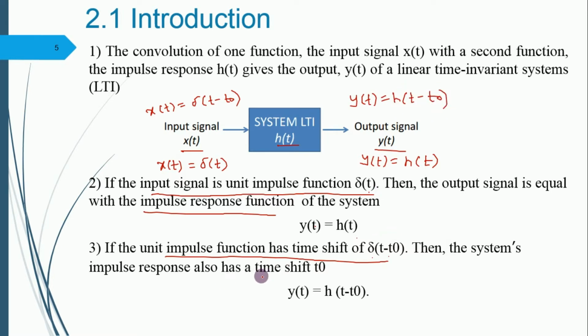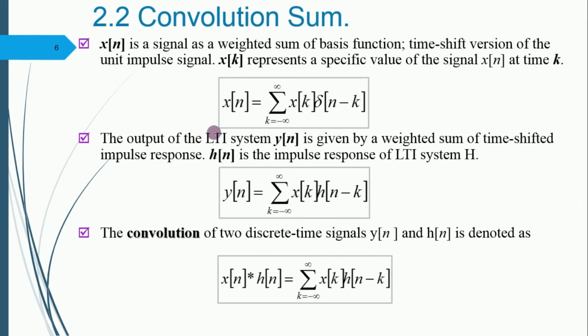The output provides the same corresponding shift that is happening at the input. That's why it is called a time invariant system. It is possible only if it is a time invariant system. That's why I said it. By default in this chapter we are considering LTI systems itself. So this is a basic introduction.